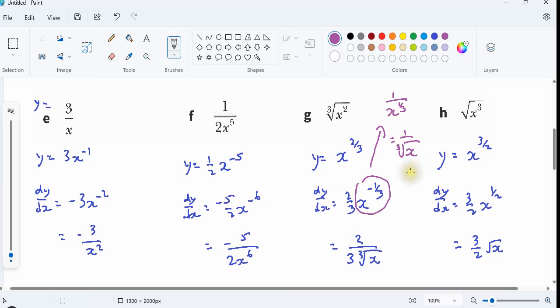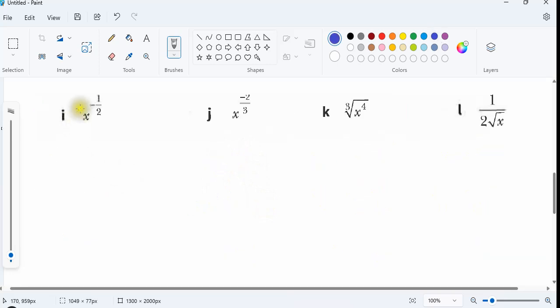Okay, so for this one, we can rewrite as 1 over 2 multiplied with 1 over x power 5. Then it will become 1 over 2 x to the power negative 5. Then the negative 5 will multiply here, and then negative 5 minus 1 becomes negative 6. So we have this one, then dy/dx will be negative half x to the power negative 3 over 2.